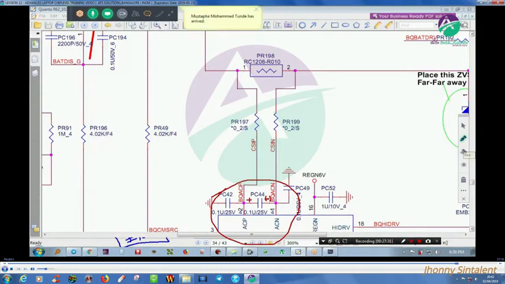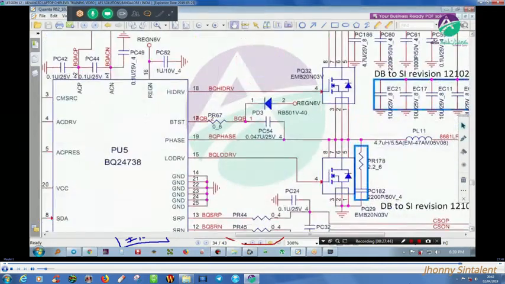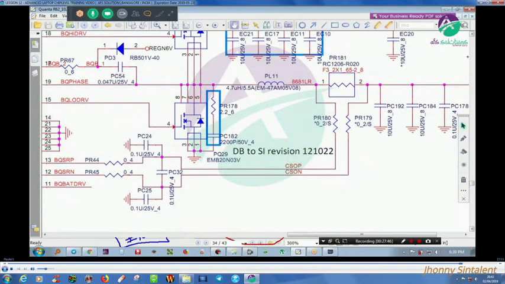So this capacitor will always show short. Why will it show short? Because it is connected to a 0 ohms resistor. You can see it is also a 0 ohms resistor here.